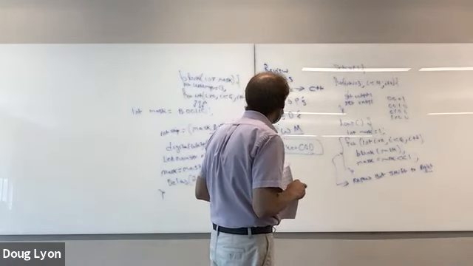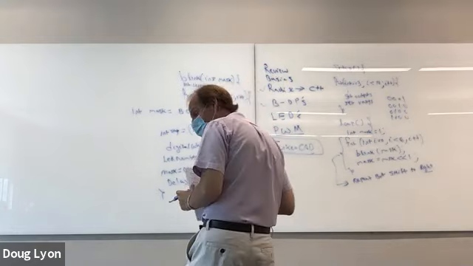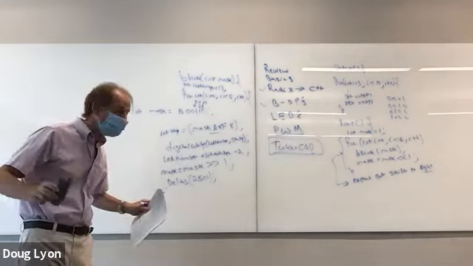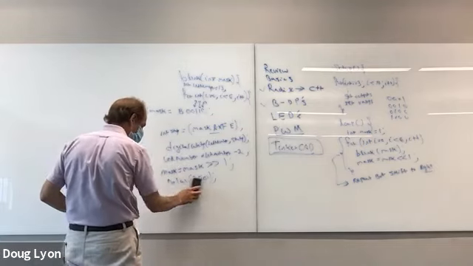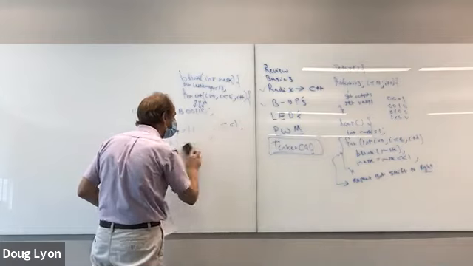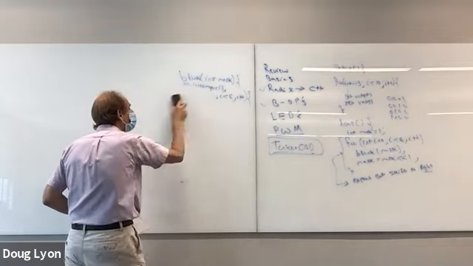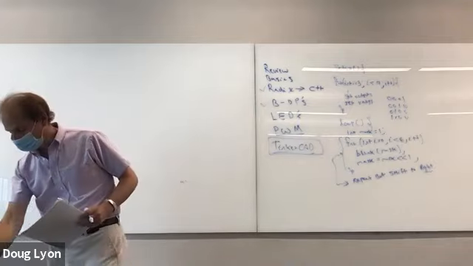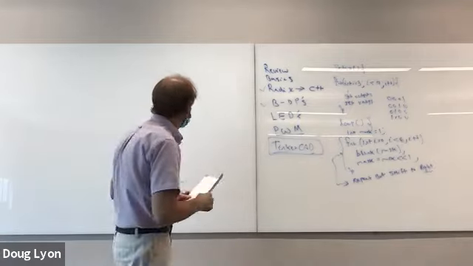So I think I'm going to erase this code because I want to try and stay within the scope of the camera. And what we're going to do is show the analogous Boolean operations versus the bitwise operations.